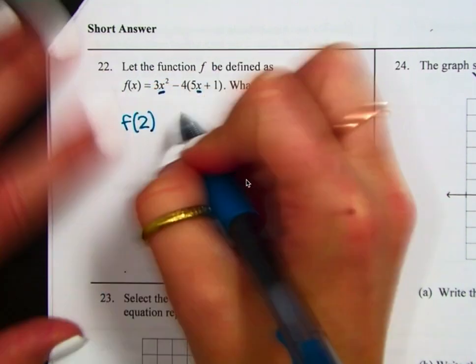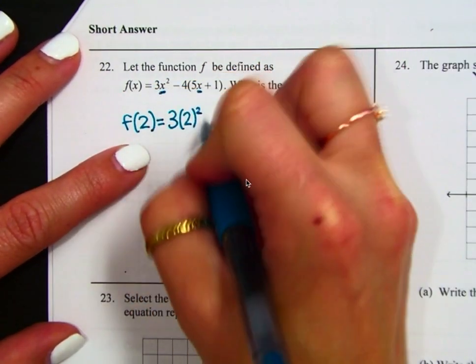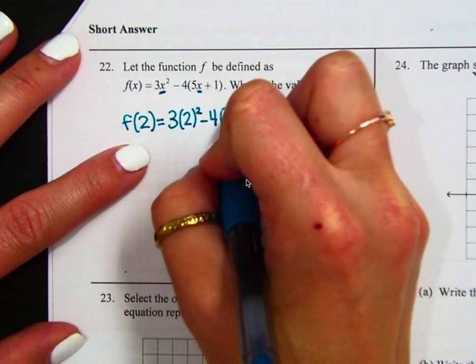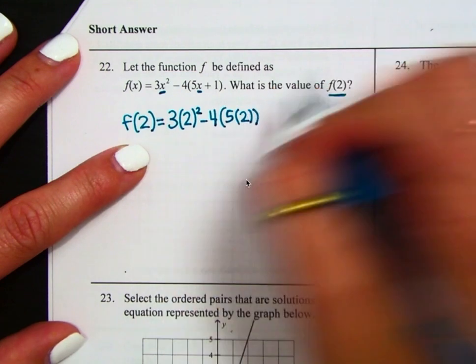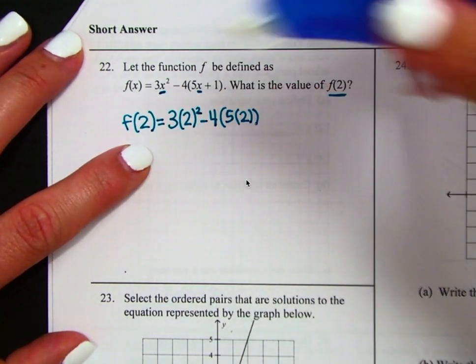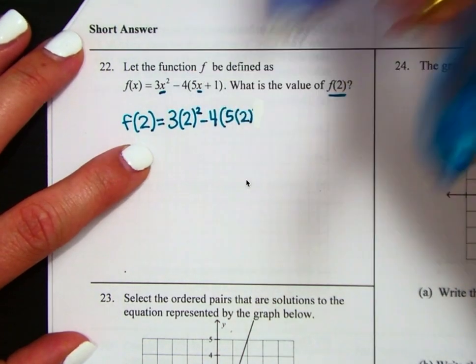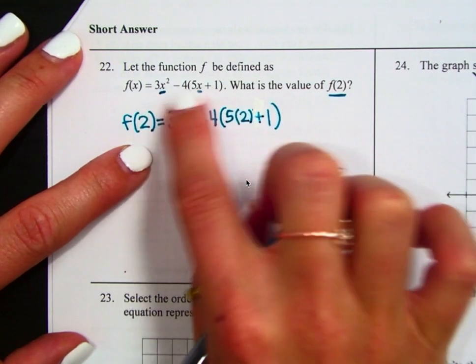So f of 2 is equal to 3 times 2 squared minus 4 times 5 times 2, whoops, sorry, let me get it right, plus 1. Okay, so again, I'm just plugging in 2 to this x and also to this x.